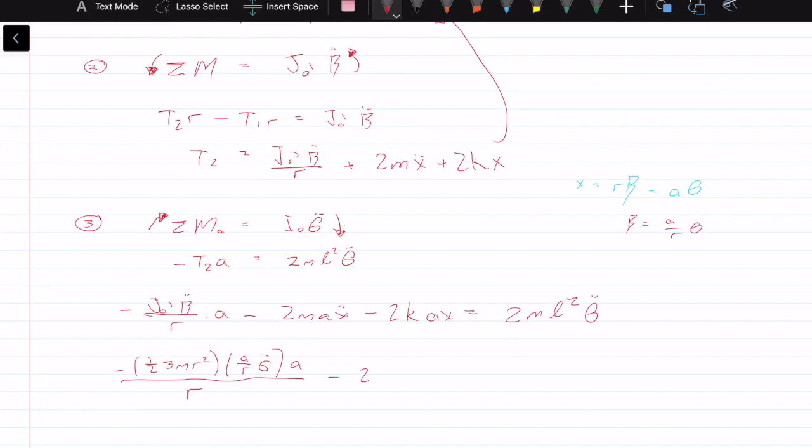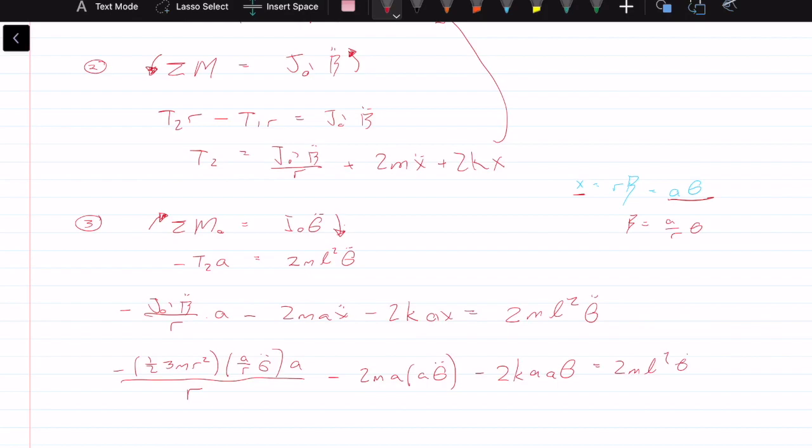Then minus 2ma x, where x is equal to a theta, so we multiply by a theta double dot, minus 2ka a theta, once again equals 2ma squared theta double dot.